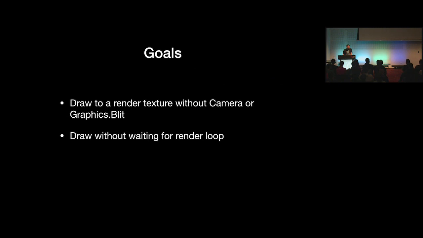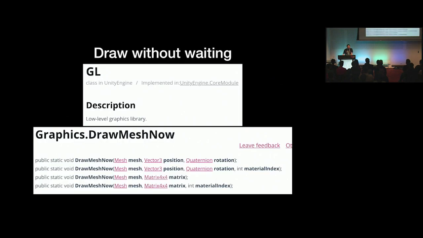There are 2 functions you can use in Unity that draw immediately: the GL class and Graphics.DrawMeshNow. If you're an OpenGL programmer, GL might be familiar to you. It's basically a way to draw vertices and UVs directly by defining points and UV coordinates and setting render states.